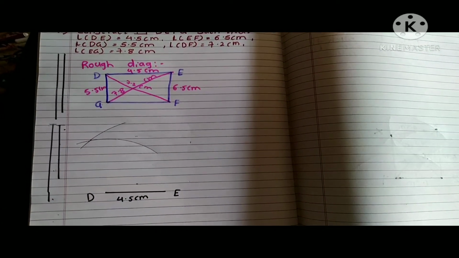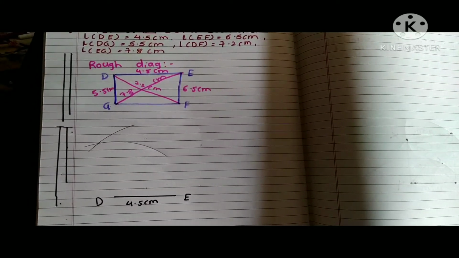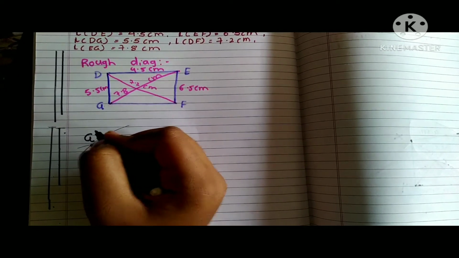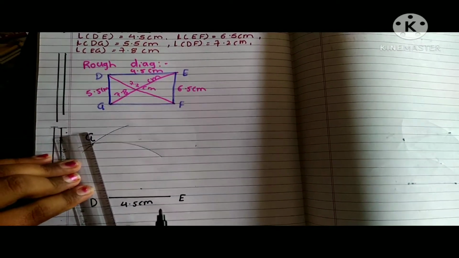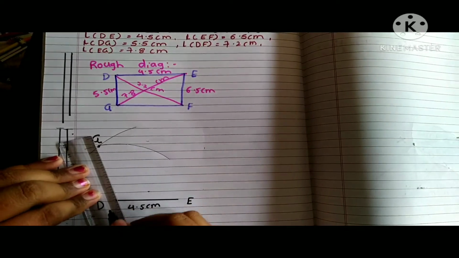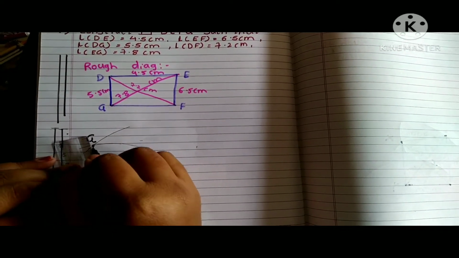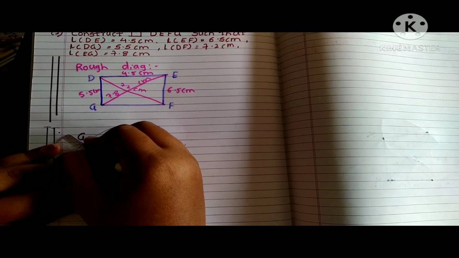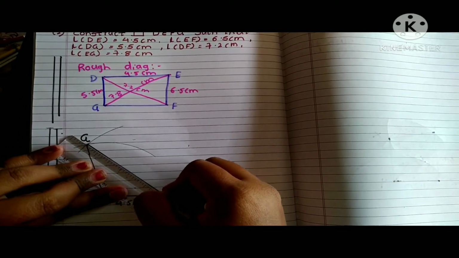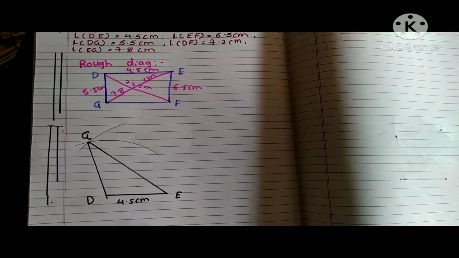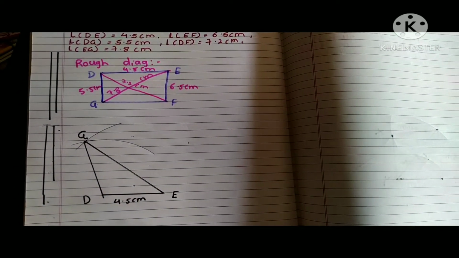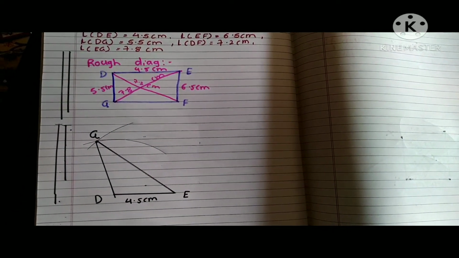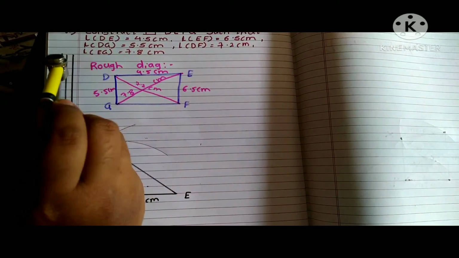So here we get the point G. Before getting confused, let's join DG and EG. Now let's try to draw point F from E and from D. EF is given as 6.5 centimeter.